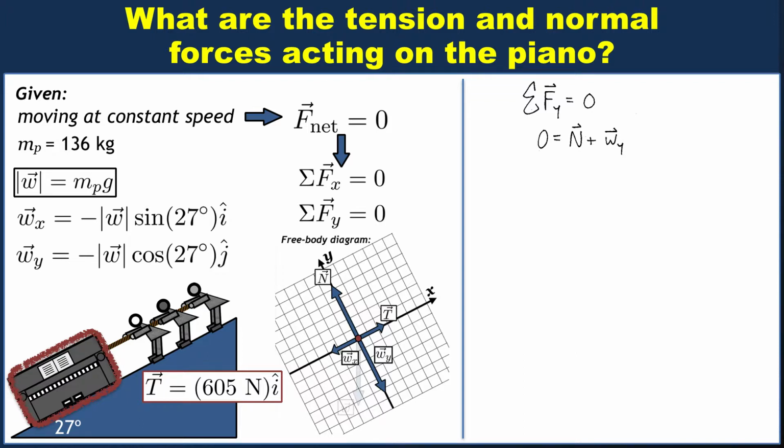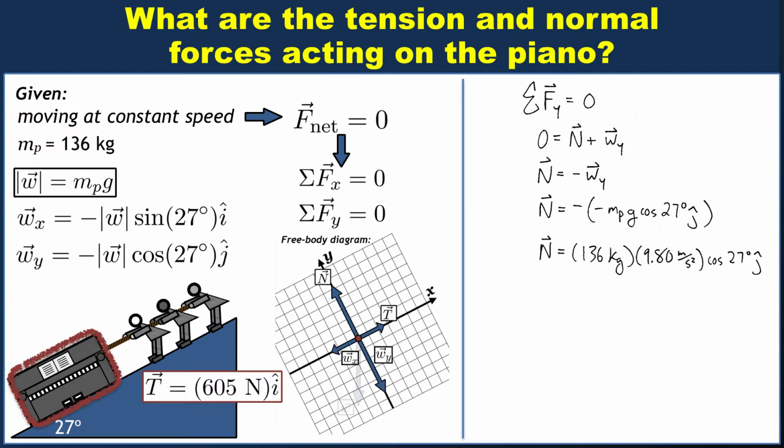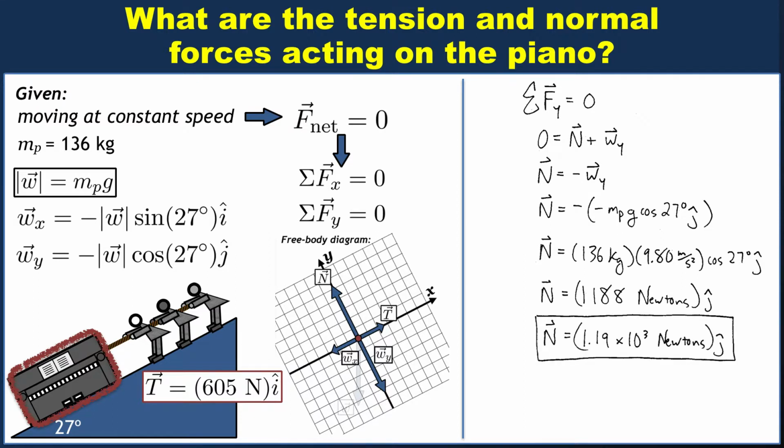That means that the normal force itself is negative wy, and again we have an expression over on the left for wy. The negatives cancel again. We put in mp, g, and the cosine of 27 degrees. We see that the normal force comes out to be 1.19 times 10 to the third newtons times j hat. So let's record that value over to the left as well.